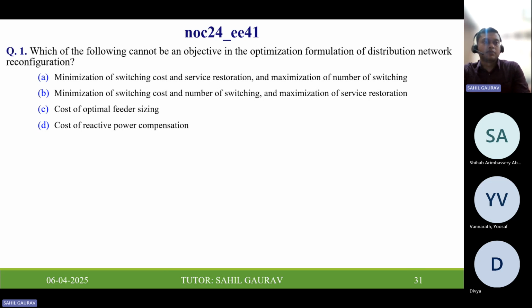The options are: A, minimization of switching cost and service restoration and maximization of number of switching. B, minimization of switching cost and number of switching and maximization of service restoration. C, cost of optimal feeder sizing. D, cost of reactive power compensation.